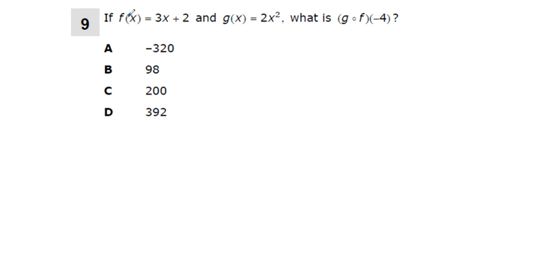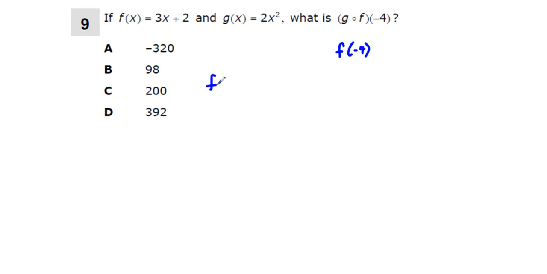this one here, f of x equals 3x plus 2 and g of x equals 2x squared, what is g of f of x? Or g of f of -4? Well, -4 is closest to the f, so we're going to find first f of -4.